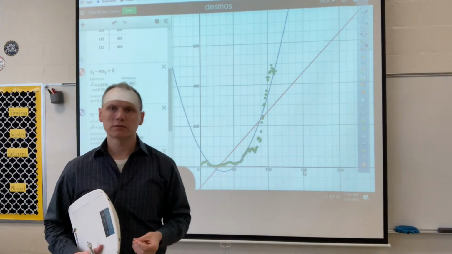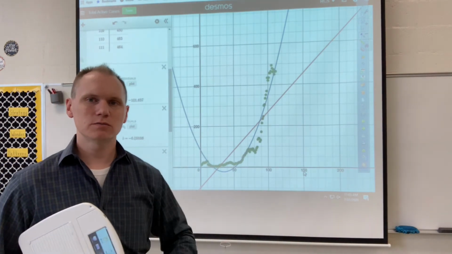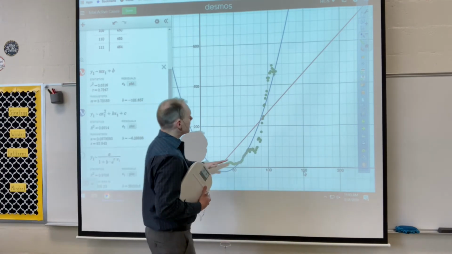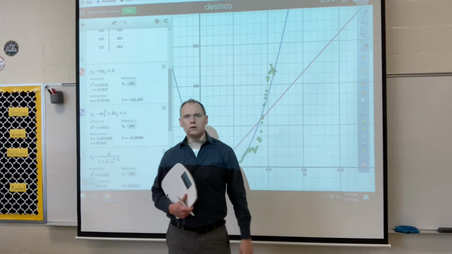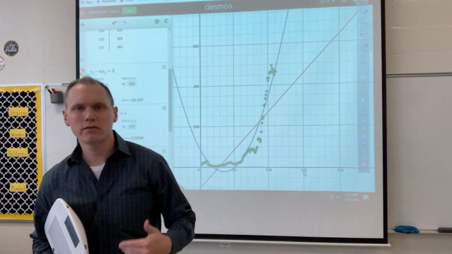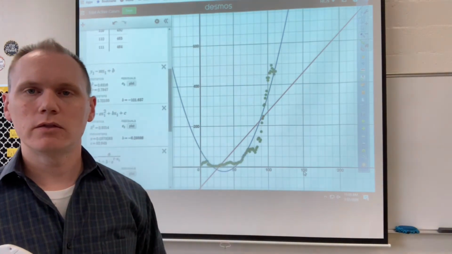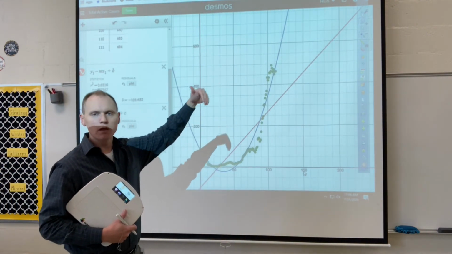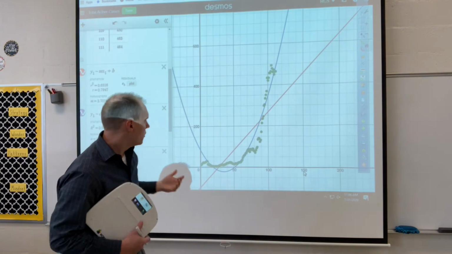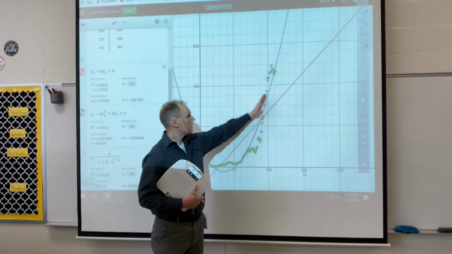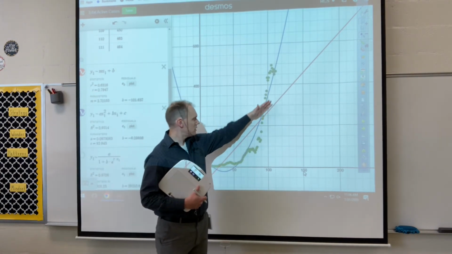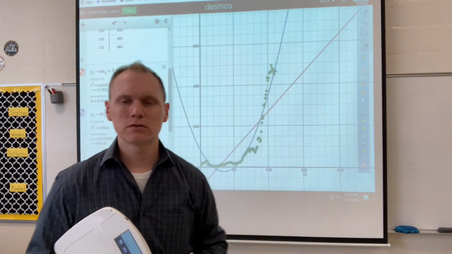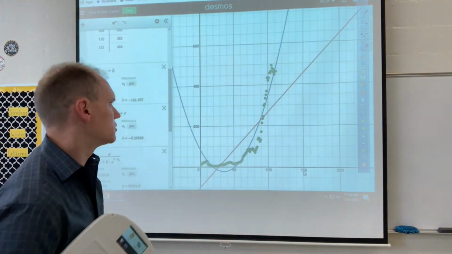Well, let's think about this. We also have to use our reasoning and sense making and make sense of the situation. So, can the COVID-19 numbers continue to go up forever and ever? Obviously not, right? They don't have an infinite number of people in their county, and so it cannot just continue to go up and up, as we know a quadratic does. So in reality, we might be able to interpolate within, around the data, but extrapolating here in the future doesn't make a whole lot of sense with a quadratic.